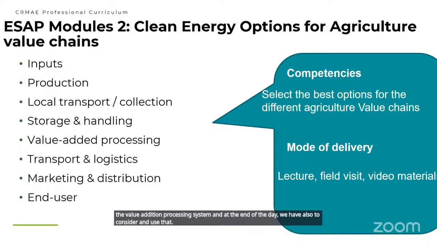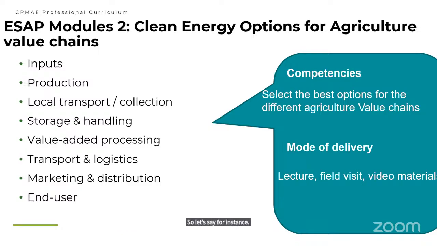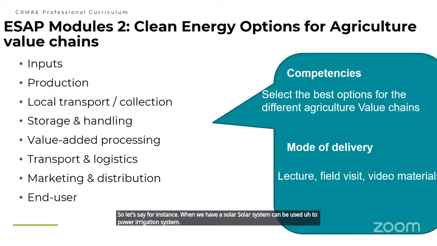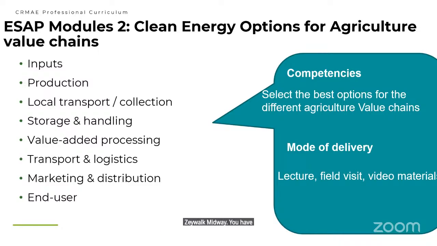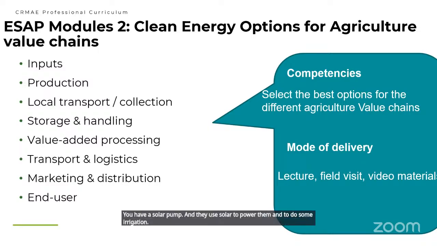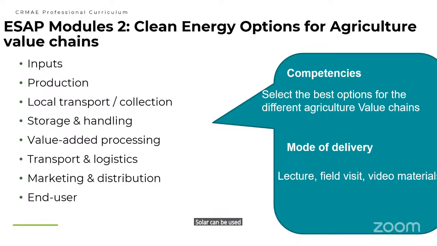So let's say, for instance, a solar system can be used to power irrigation systems. They work very well. You have a solar pump, and they use solar to power them and to do some irrigation.